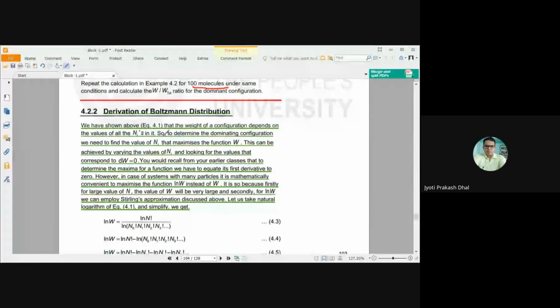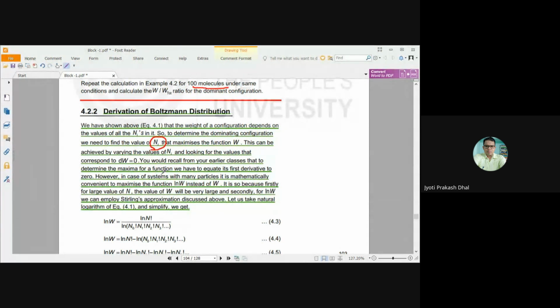So we have shown in the above equation that the weight of the configuration depends on the total number of all ni's in it. So to determine the dominating configuration, we need to find the value of ni that maximizes the function W. So we need to find out the ni which is having the maximum W value.